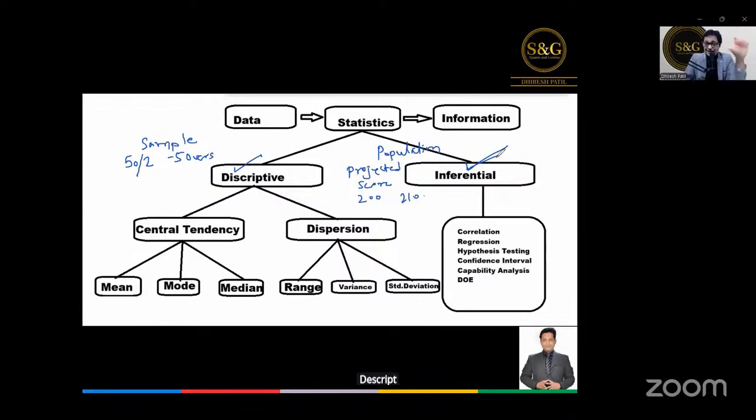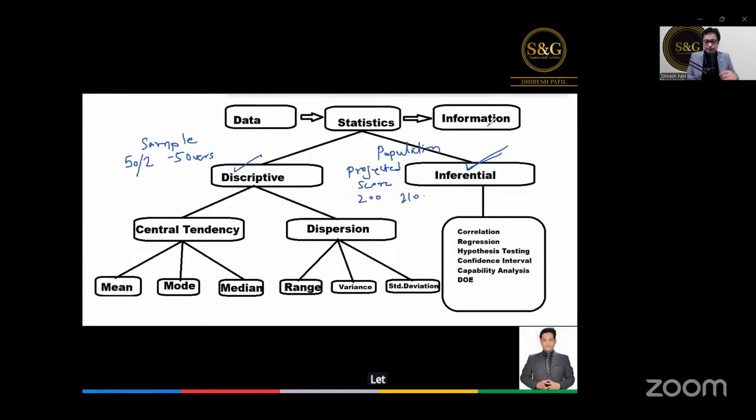Descriptive is about certainty because it has already happened. Inferential is about probability because we don't know 100% about it. Are you understanding? Yes? Everybody with me till now? Descriptive, inferential, sample and population, past and future. Correct? Simple.